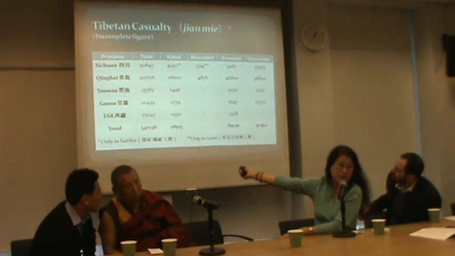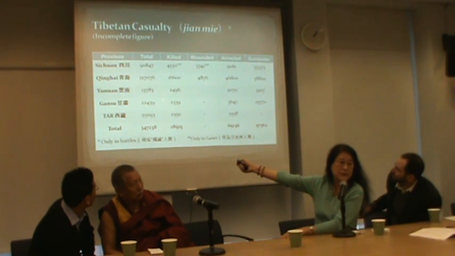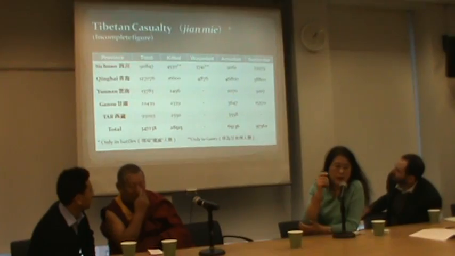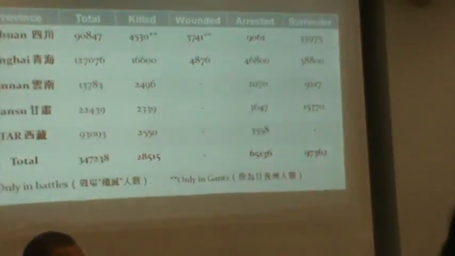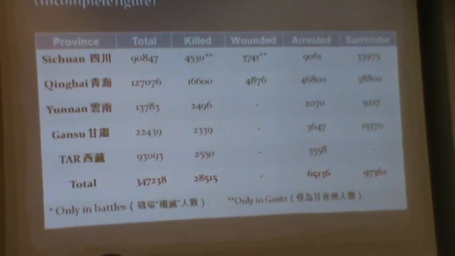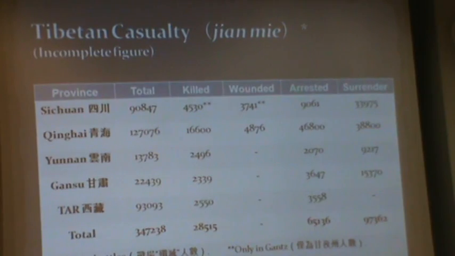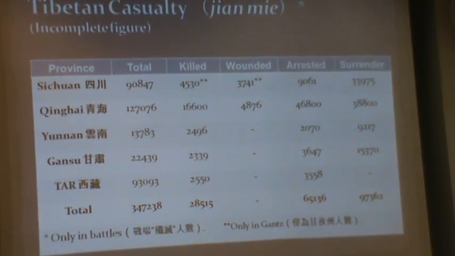I'm also on the conservative side because in Sichuan it's much more than that. But in Sichuan, not only Tibetans fought, also the Yi people fought. So I took out the numbers that most likely are not Tibetans, so we can get closer.